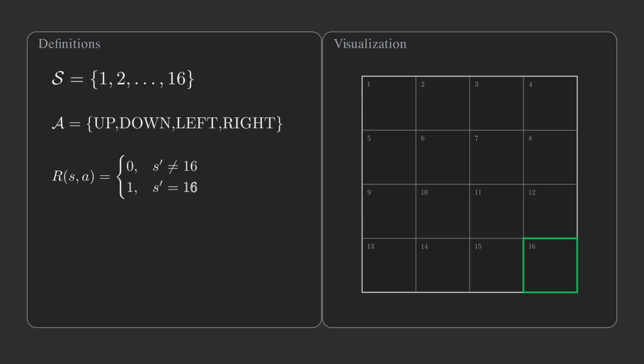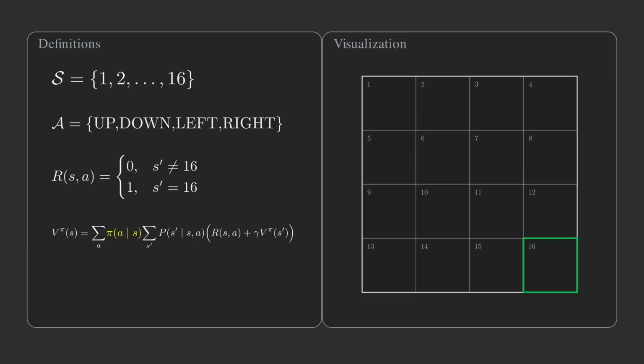For a fixed policy pi, the value function satisfies this recursive equation. This is called the Bellman expectation equation and looks scarier than it is. It tells us that the value of a state equals the immediate reward, aka the reward we get from this step, plus the discounted value of the next state given by our value function, and then averaged over all actions and transitions.